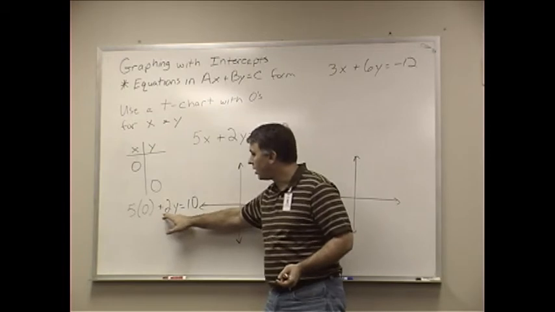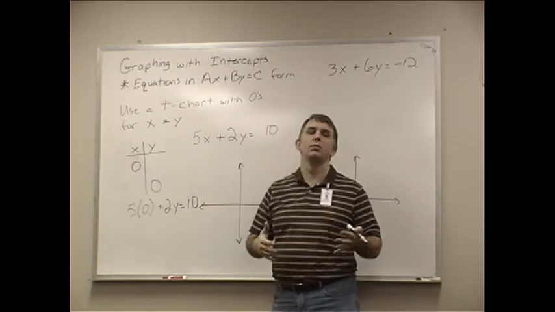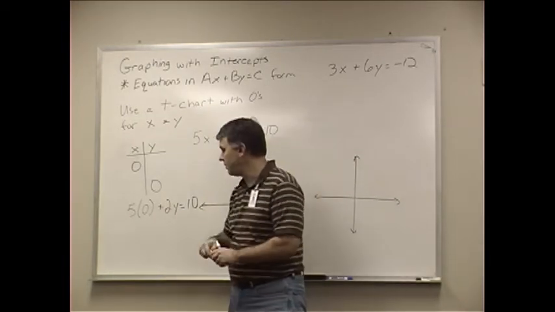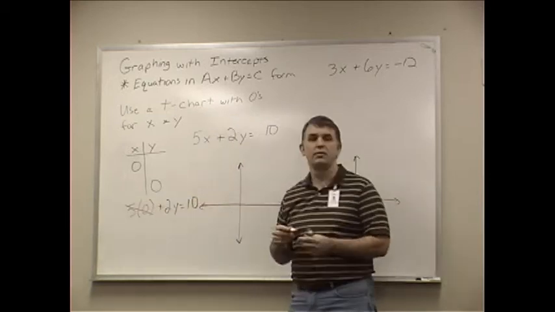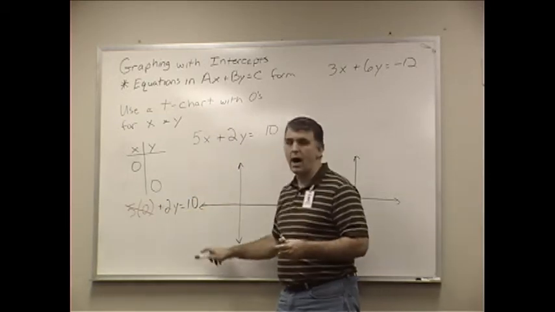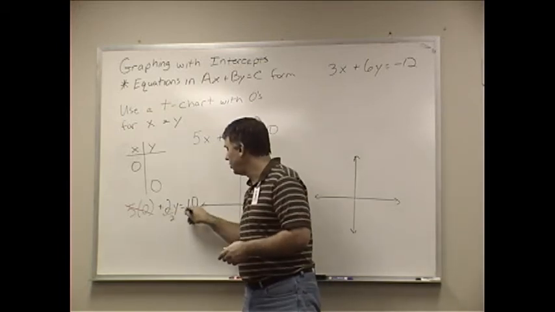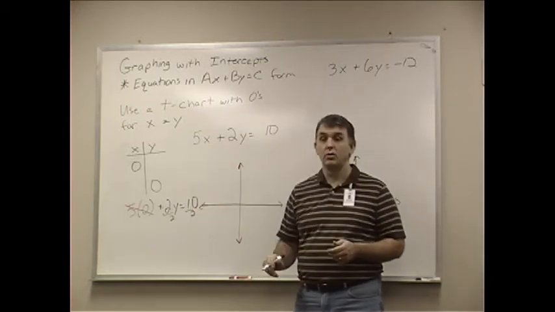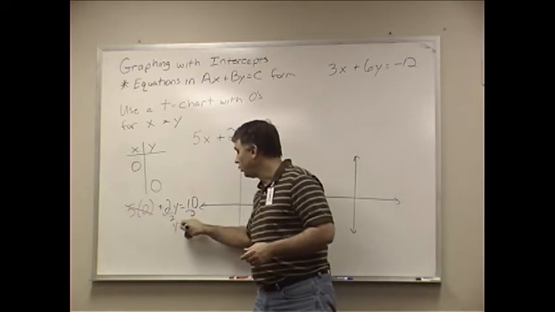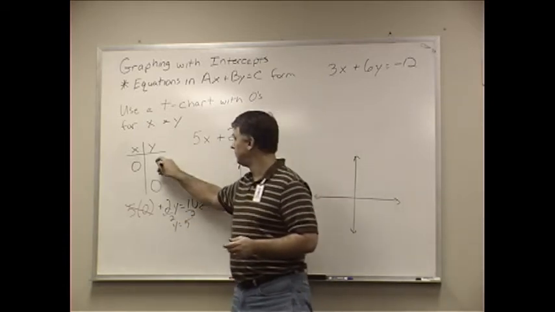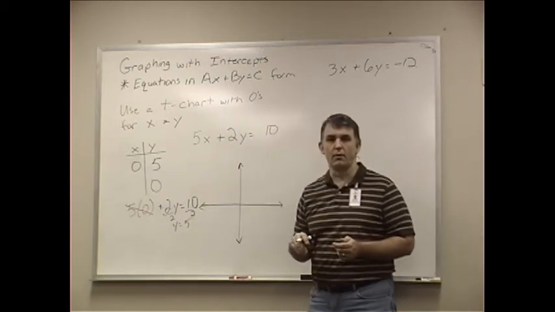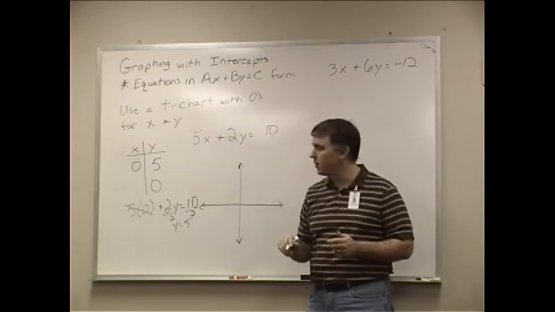And 0 plus 2y, well, 0 plus anything stays the same. In essence, this whole thing just disappears. 2y equals 10. Divide both sides by 2. 10 divided by 2, y is equal to 5. So our first point that we'll be graphing is 0, 5.